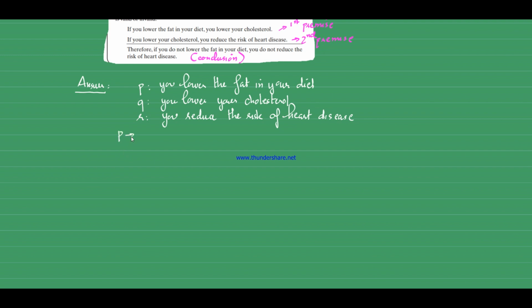So P imply Q. Then we also have another conditional statement: if you lower your cholesterol, so you have Q imply R. And therefore, we have three dots: if you do not lower the fat in your diet, you do not reduce the heart attack risk.